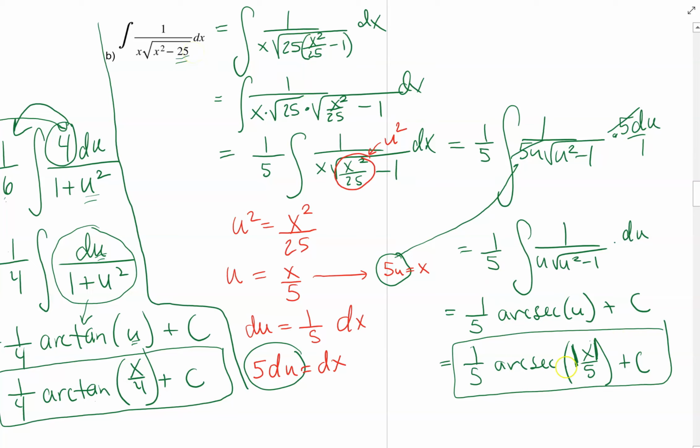But I could also use the formula where a squared is 25, which makes a 5, and u squared is x squared, which makes u x, although we have to put that in absolute value. This should be absolute value right there. And then when I use the formula, it's 1 over a arcsecant absolute value of u over a, plus a constant. So a was 5 and u was x, and so I just plugged everything in. So you could also just use the formula for that one.